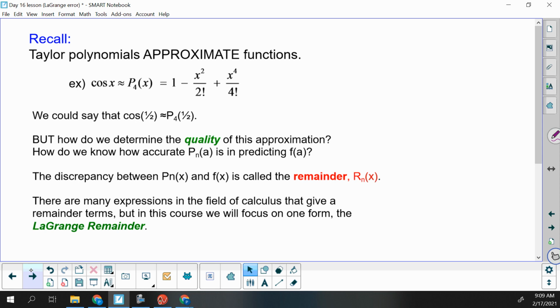We would want to be able to find the remainder. So what is basically the difference between the actual value and our approximation? In this course, Lagrange remainder is a technique that we use to find that.